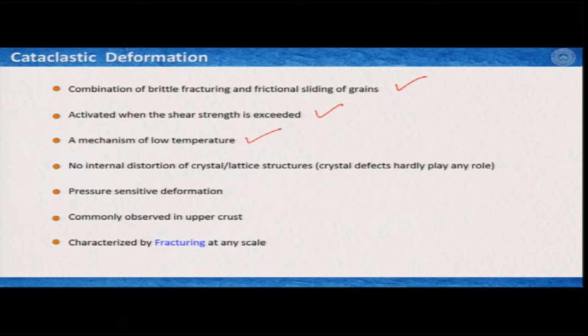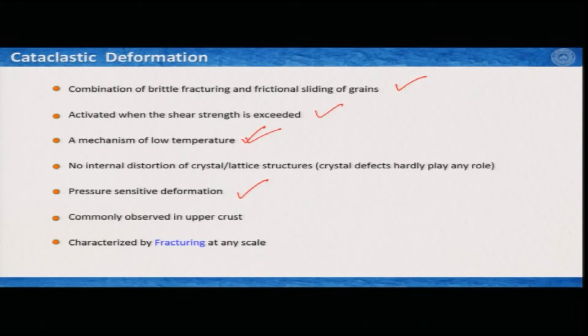So, crystal defects hardly play any role. Grains just fracture, rotate, break, and slip past each other, but internally the crystals do not show any special type of deformation. If that happens, then it is intracrystalline plasticity. We will learn about it in the next lecture.